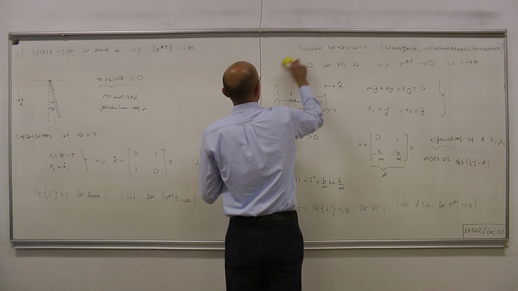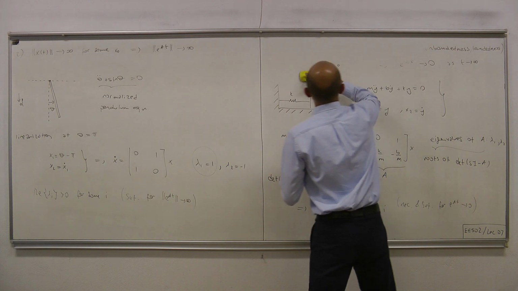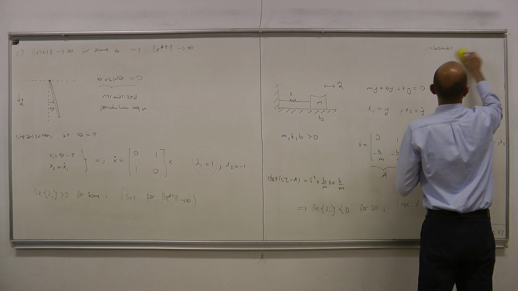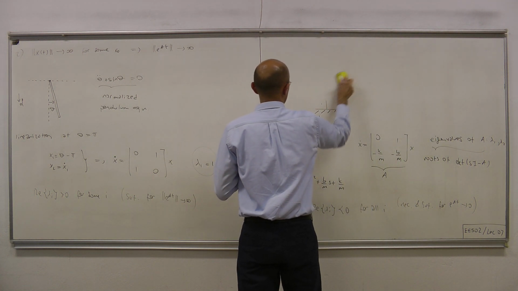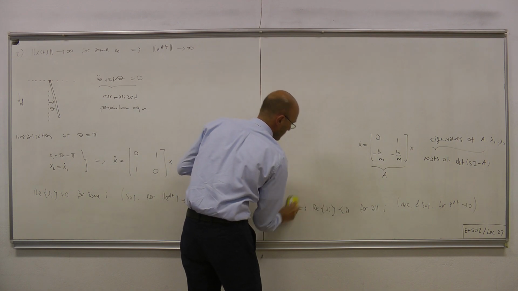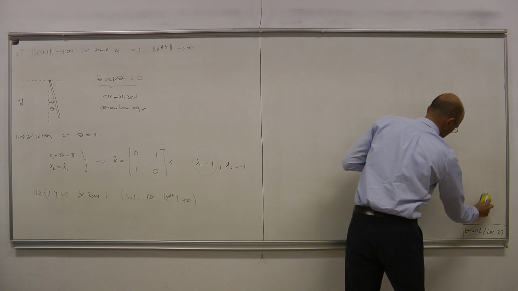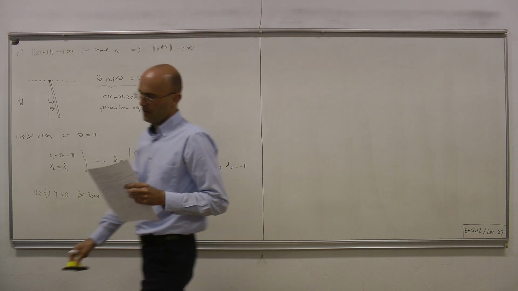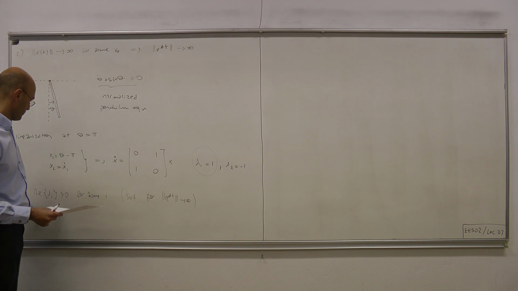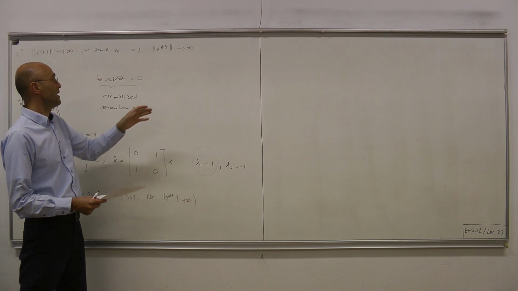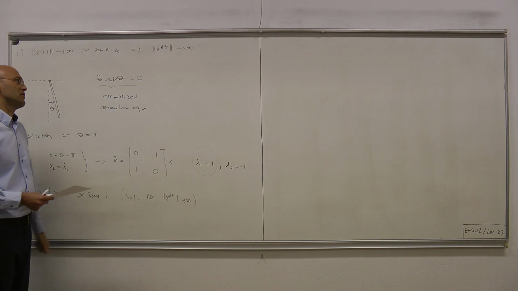Now, before we move on to the boundedness behavior, let's stop and make an important remark. Okay. Now, let's talk over the example. For this example, it can be shown that the norm of e to the At is unbounded. Okay, it diverges.